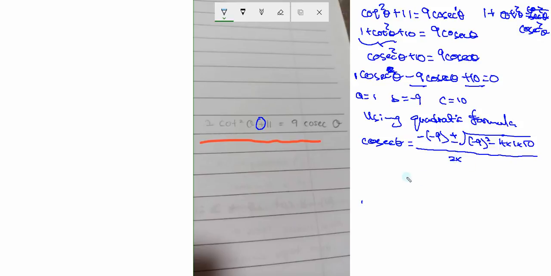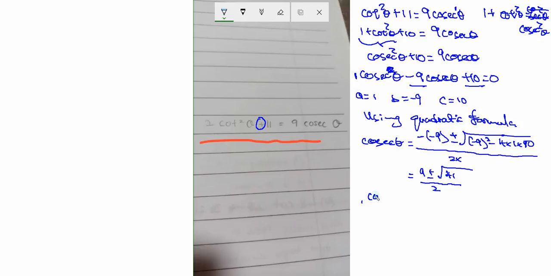So this minus becomes 9, plus minus square root of 81 minus 40, so it becomes 41, over 2a, so 2 times 1, which is still 2.